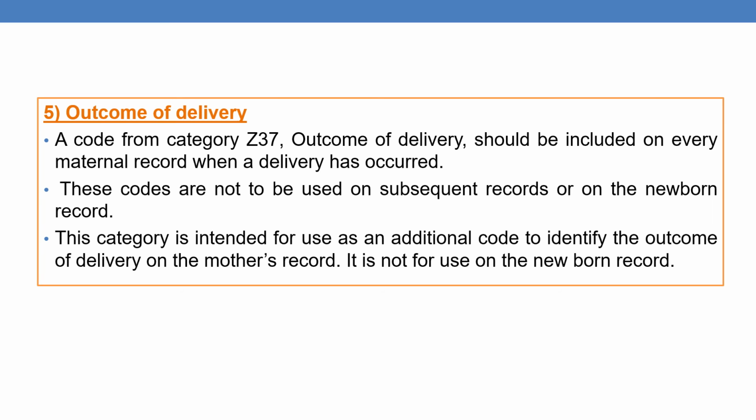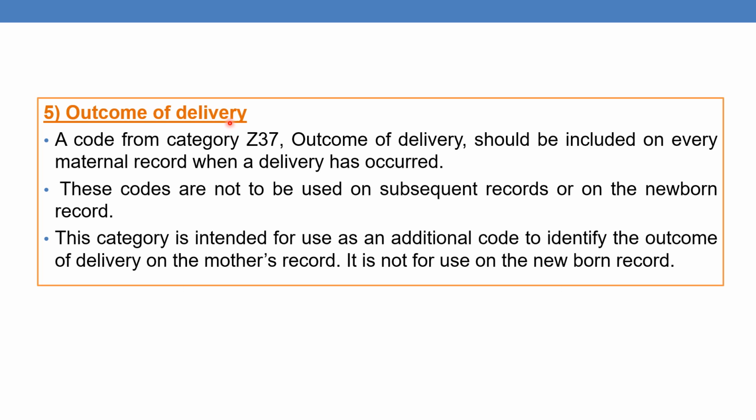This category is intended for use as an additional code. It must be used as an additional code to identify the outcome of delivery on the mother's record. It is not to be used on the newborn record.